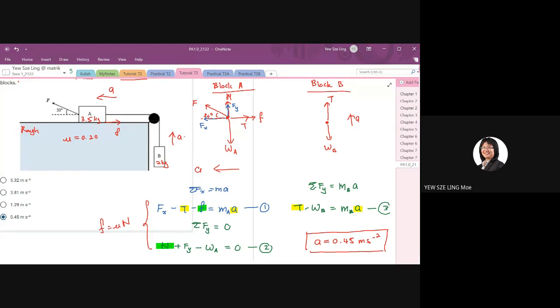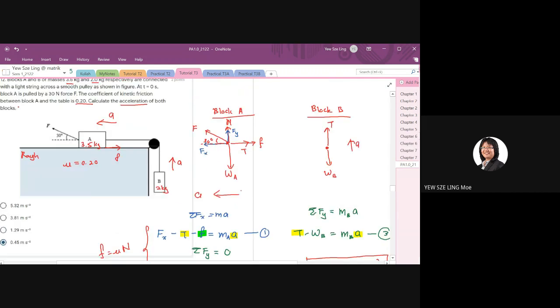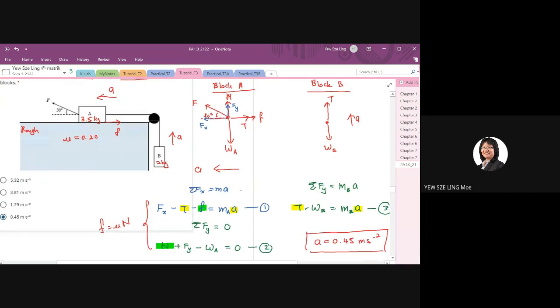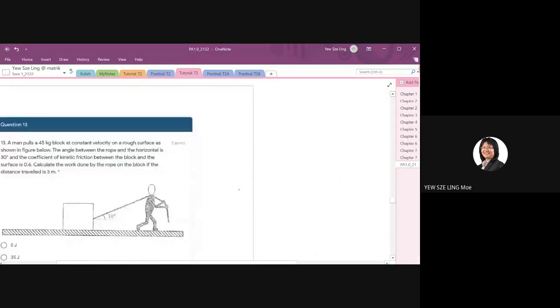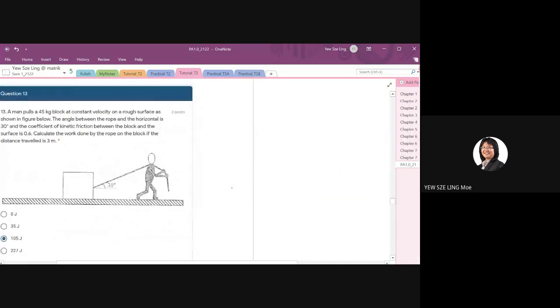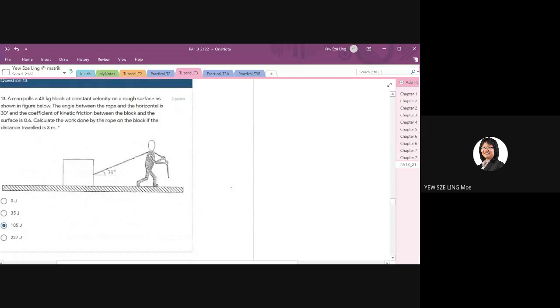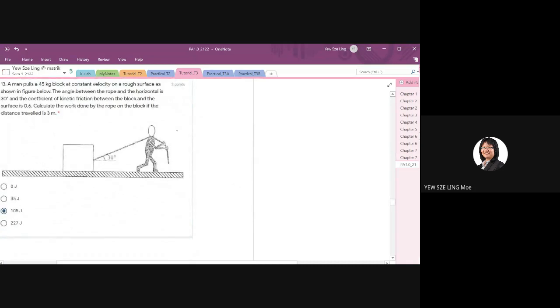So we do it step by step. Done with question 12. Now let's look at question 13. For question 13, there is a correction. Actually this is a bonus mark question, so everyone still gets 2 bonus marks in your physics alert.